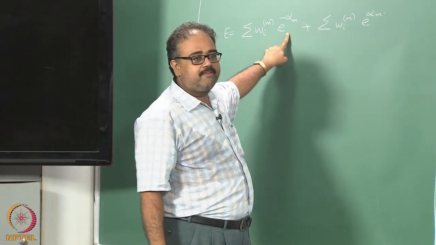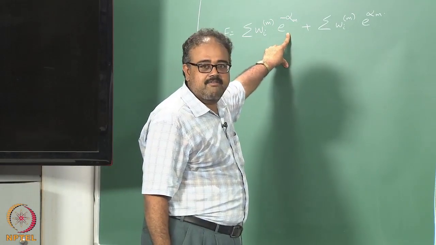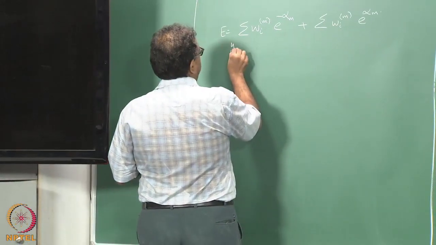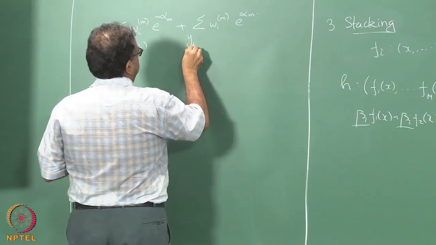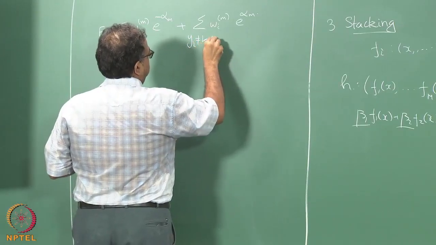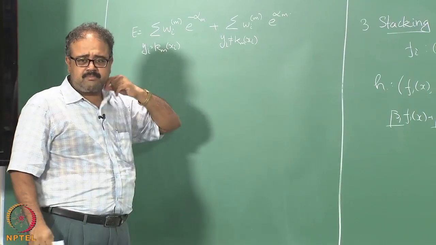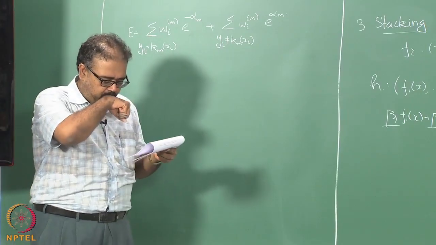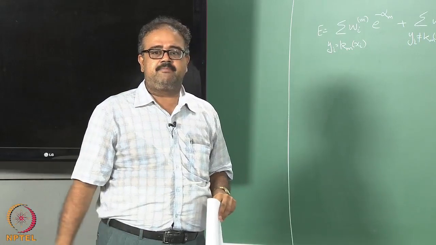So when will I get e power minus alpha m? When I have correctly classified it. When will I get e power alpha m? When I have misclassified it. So these are all the data points such that, right, these are all the correctly classified data points. These are all the misclassified data points, right. Intuitively you can see where we are going with this. So what is the best classifier that I can find at the mth stage?